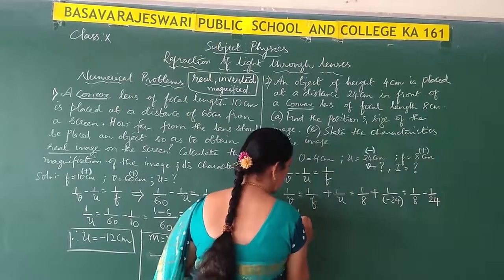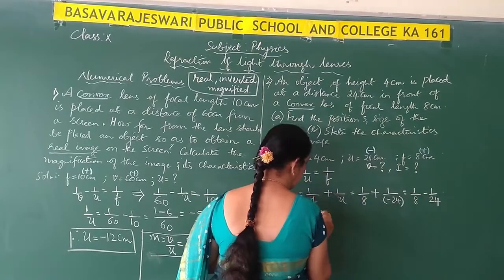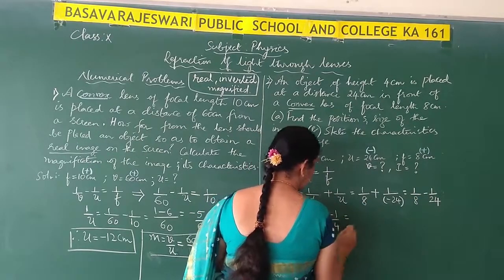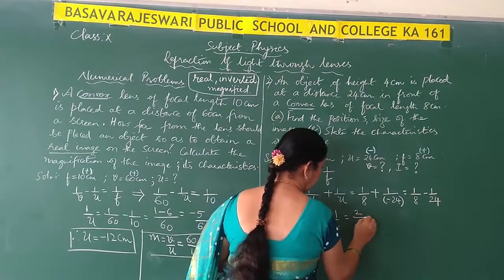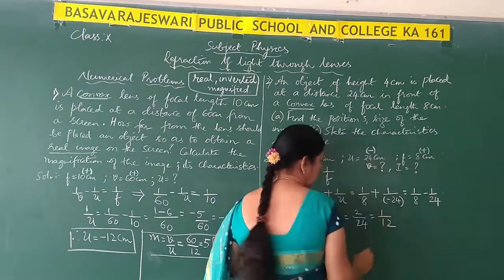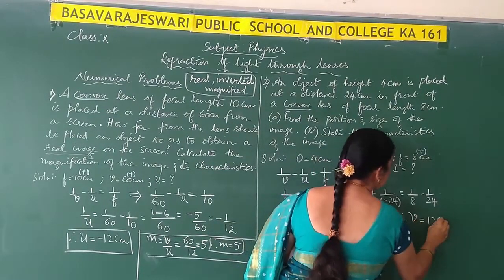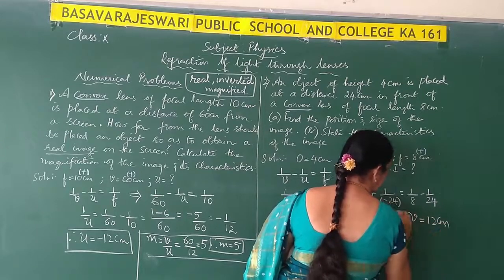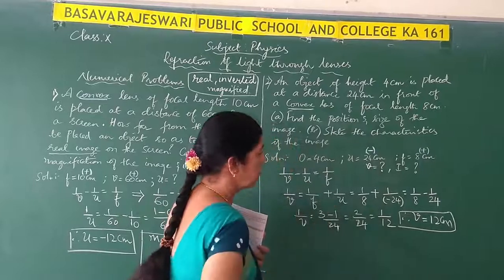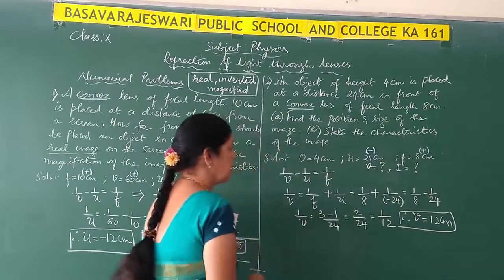If you simplify it, you will get 3 by 24 minus 1 by 24, that will be equal to 2 by 24, which is 1 by 12. Therefore v will be equal to 12 centimeter. This is the image distance. Image distance we are getting with the positive sign since it is a convex lens.